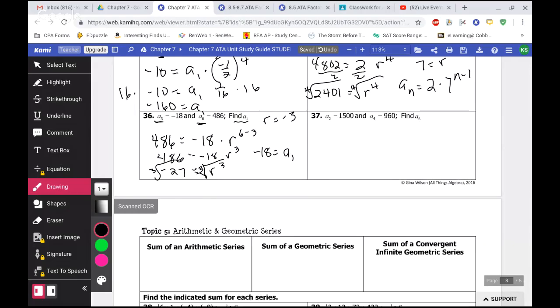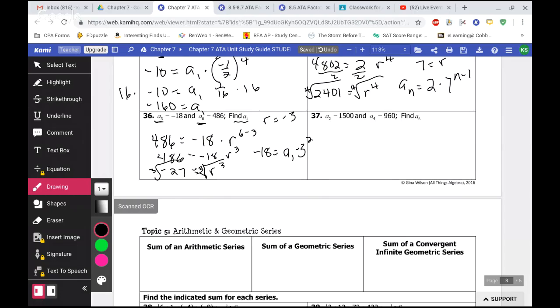A sub 1 and then R. And that would be the difference between 3 and 1, so that's going to be 2.